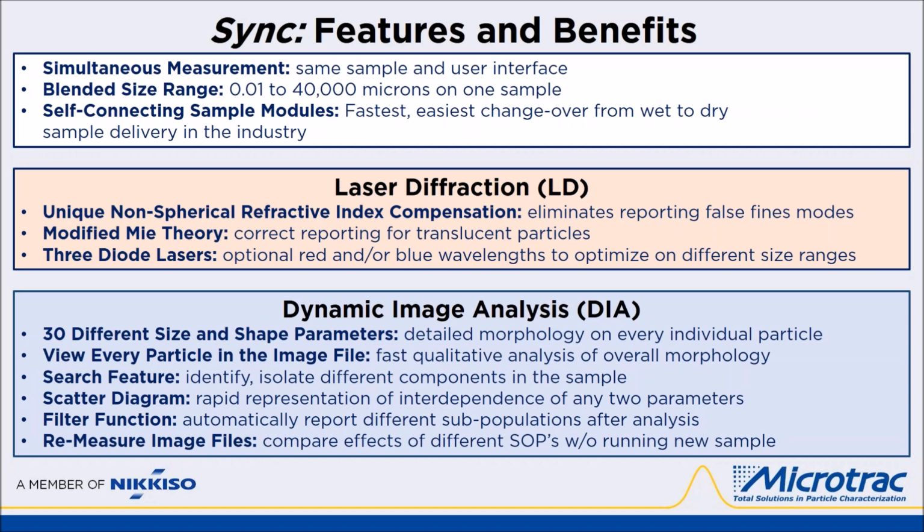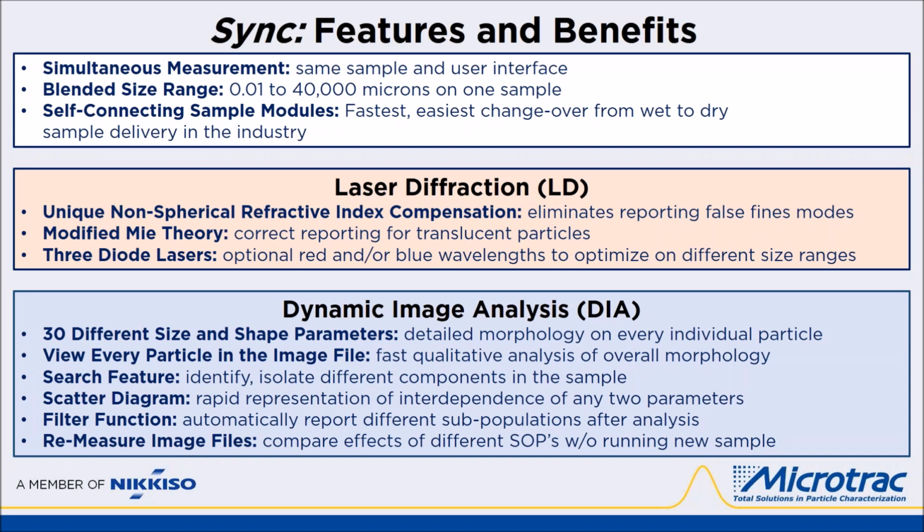For the dynamic image analysis: 30 different size and shape parameters for detailed morphology on each individual particle. A view of every particle in the image file for fast qualitative analysis of the sample's morphology. A search feature which can be used to isolate different components or subpopulations in the sample.